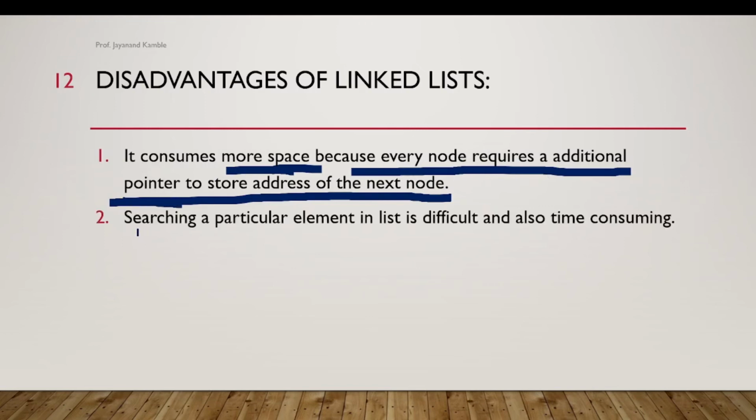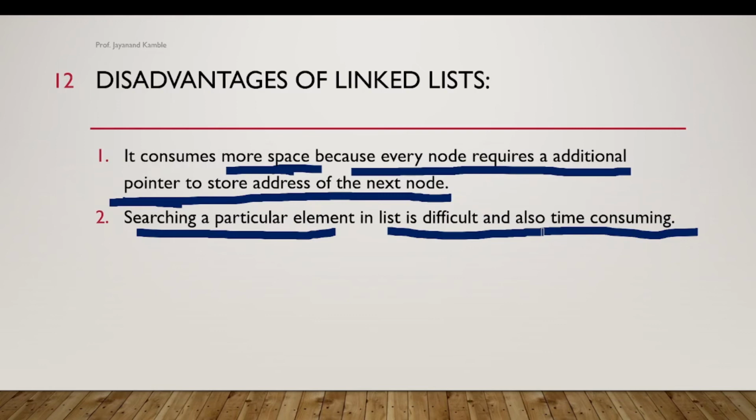Then, searching for a particular element in the list is difficult and also time consuming. For example, in case of an array, if I want to display element number 5, I will use A of 4, since the index starts with 0. A of 4 will give me that element.